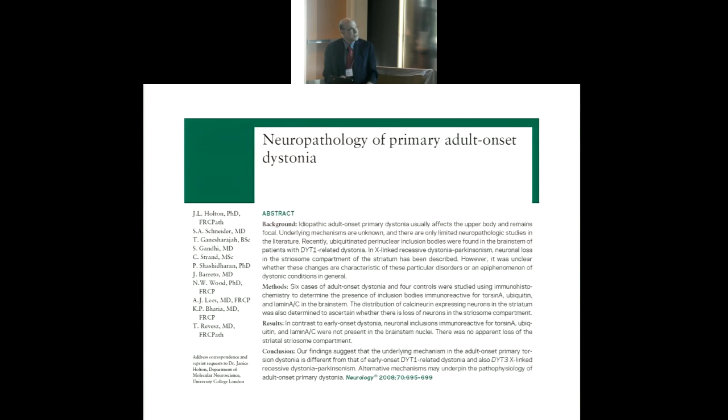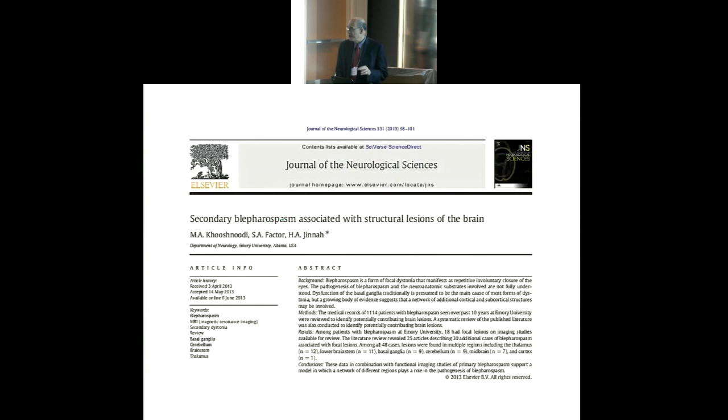Now, another way of trying to find what the relevant anatomy is, is secondary blepharospasm. That is blepharospasm that is due to a specific lesion in the brain. For example, a little stroke or something of that kind that is in the brain, and that can cause blepharospasm. And you say, well, maybe that's going to be similar to the primary or isolated blepharospasm that most of you have.